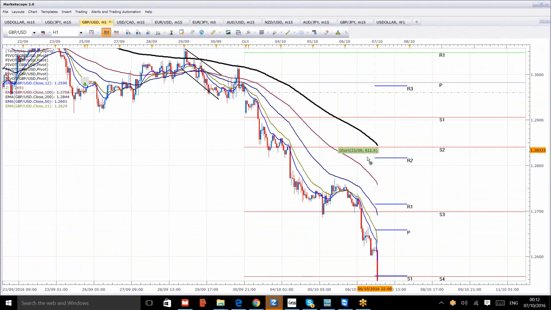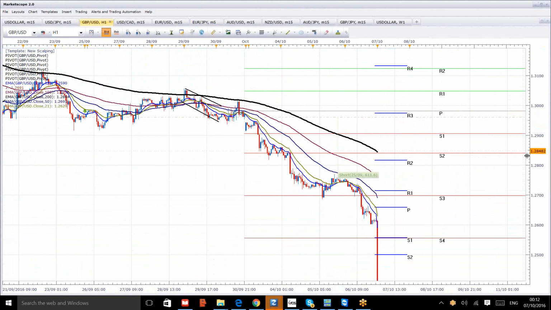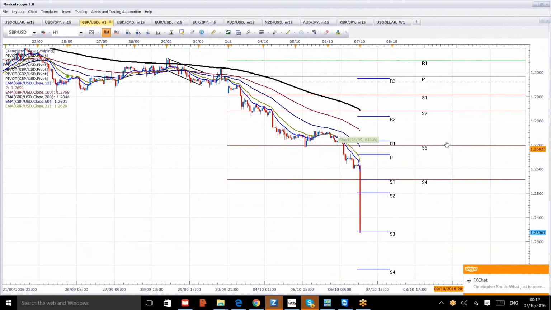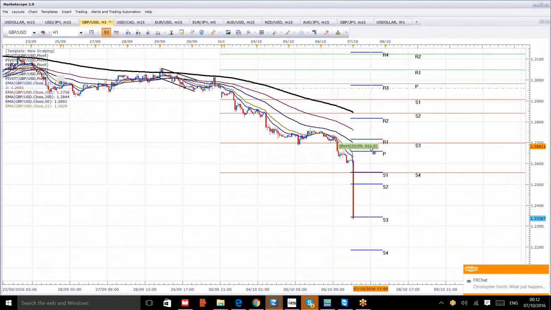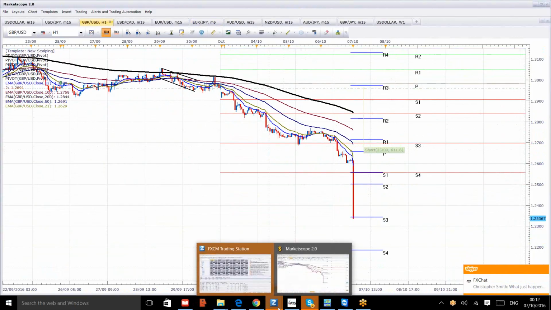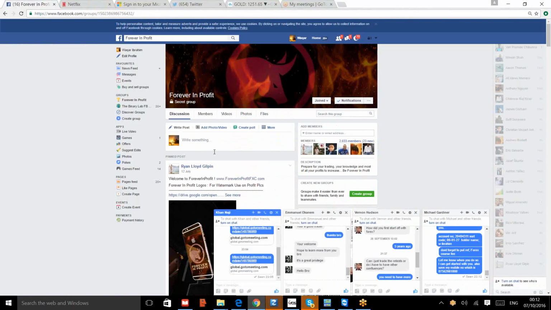Guys, this is my live trade and I am 611 pips up on this. Can you see it? Can you see, guys? 611 pips. What I've been saying on GBP? It will go down.